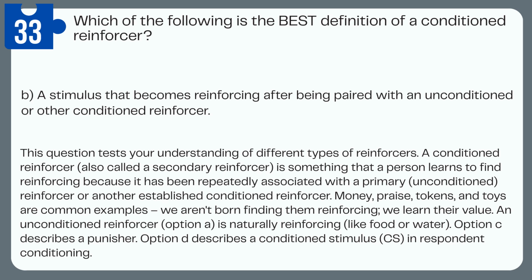Money, praise, tokens, and toys are common examples. We aren't born finding them reinforcing. We learn their value. An unconditioned reinforcer, option A, is naturally reinforcing, like food or water. Option C describes a punisher. Option D describes a conditioned stimulus, CS, in respondent conditioning.